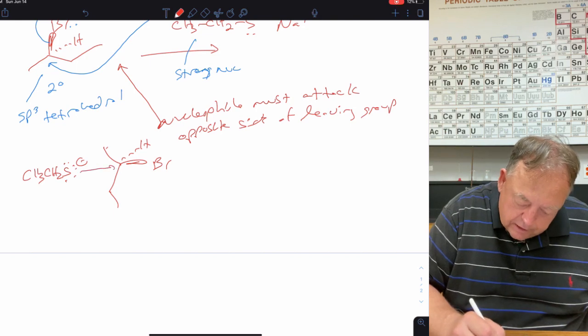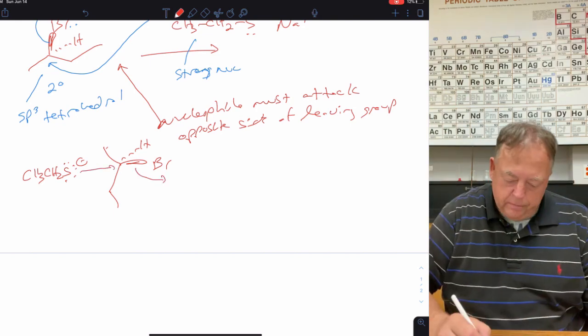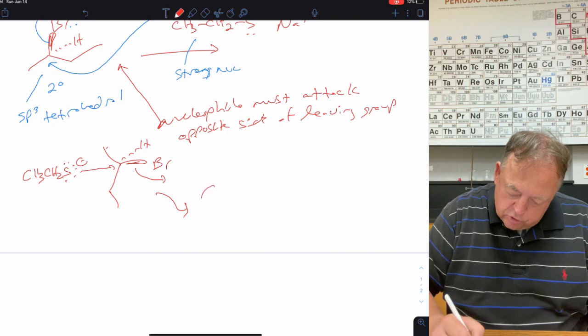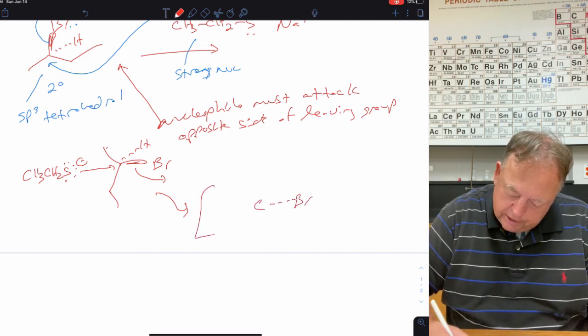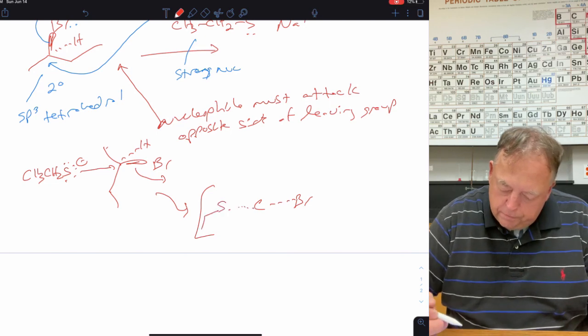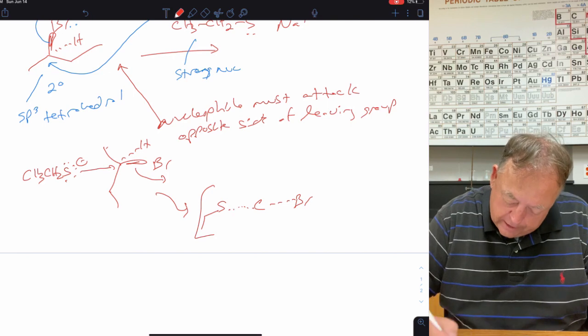So the nucleophile has got to come in and displace the bromine, and if we sketch the transition state when that happens, we're breaking the bond to bromine, we're making a bond to sulfur, and the ethyl group attached to sulfur is just along for the ride.